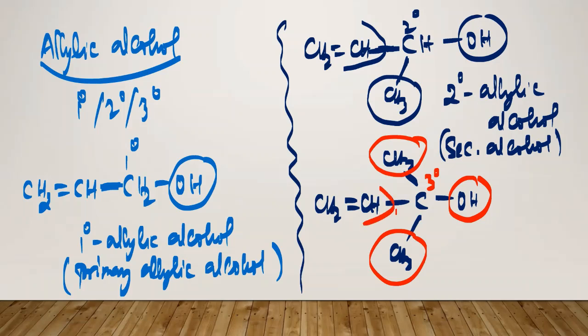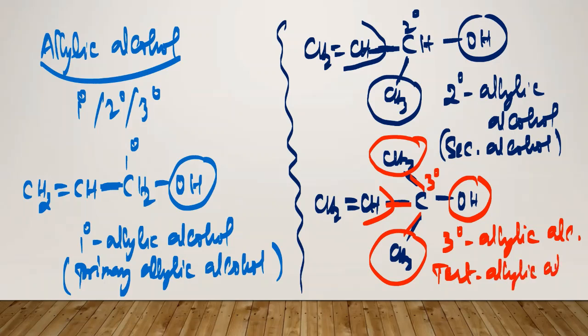Have a look here. It's attached to 1, 2 and 3 carbons directly. So it's a 3 degree carbon. We call it 3 degree allylic alcohol, or tertiary allylic alcohol. So my dear friends, you have understood about allylic alcohols also.